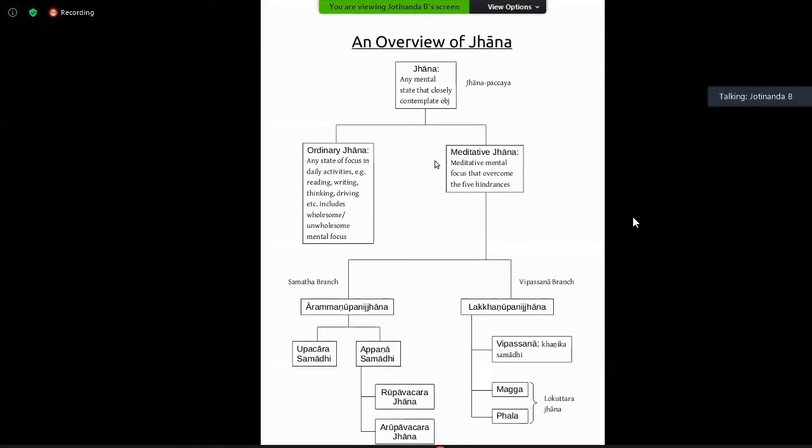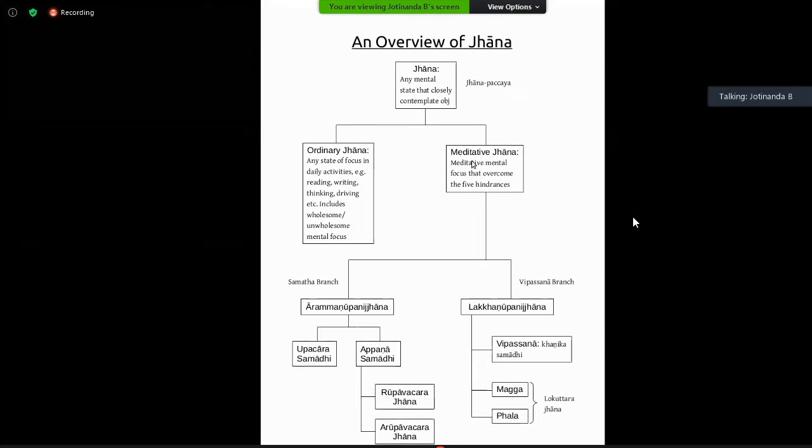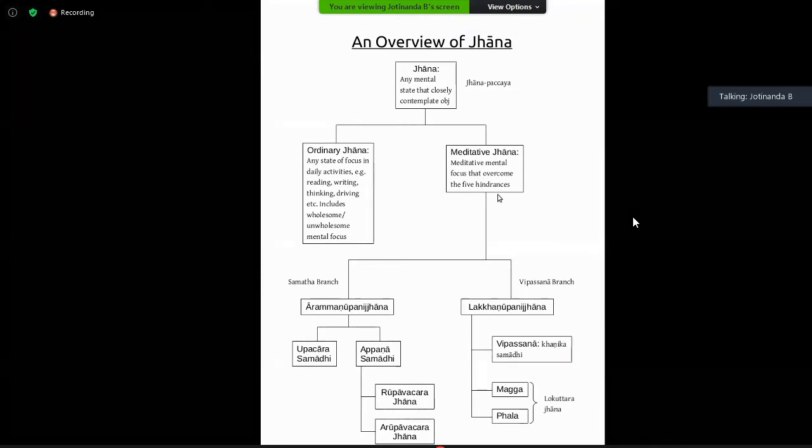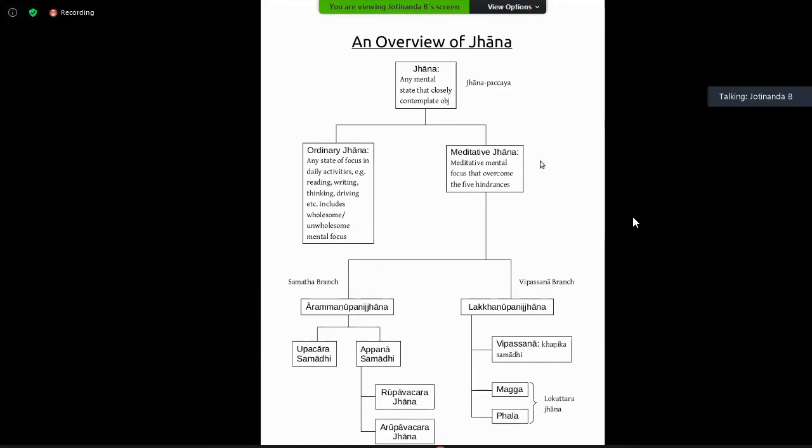Then on the other side, on the right-hand side, you have meditative jhana. Meditative jhana means meditative mental focus that overcomes the five hindrances. Any meditative state of mind strong enough to overcome the five hindrances comes under meditative jhana.